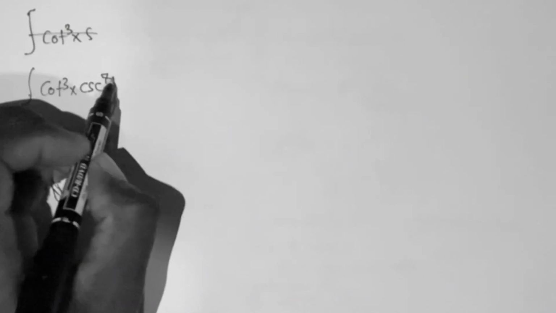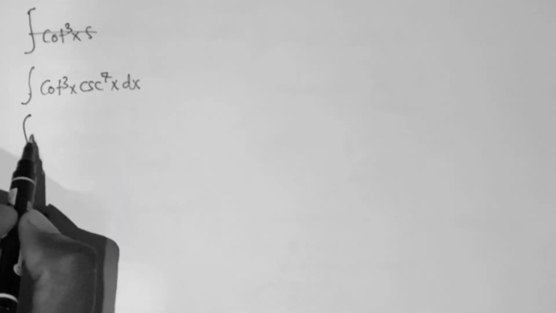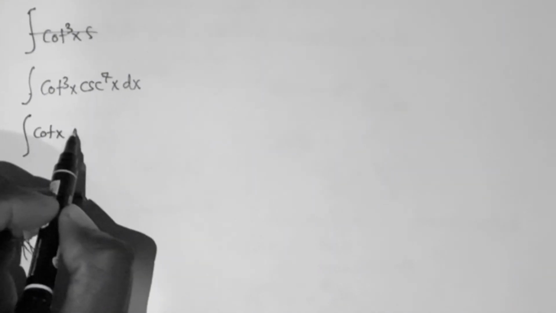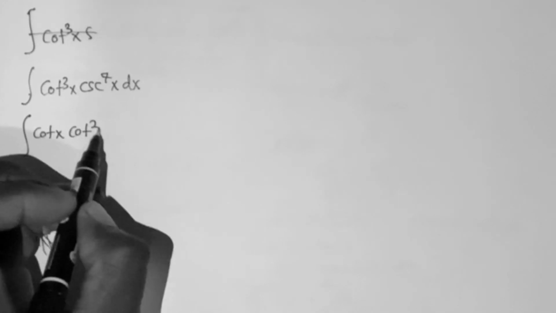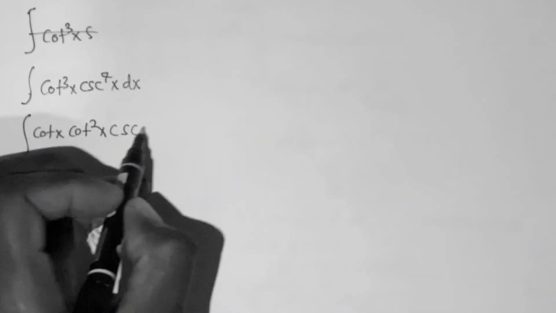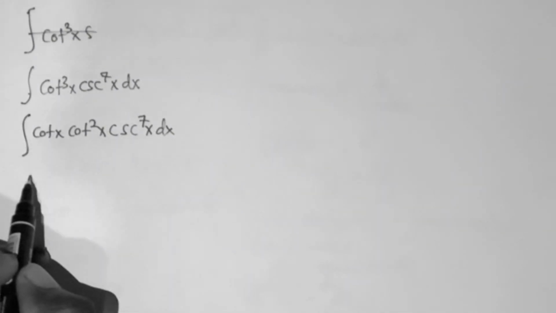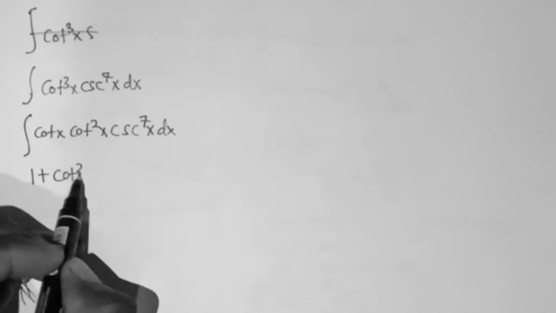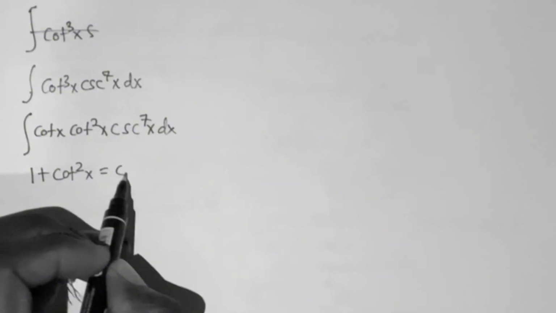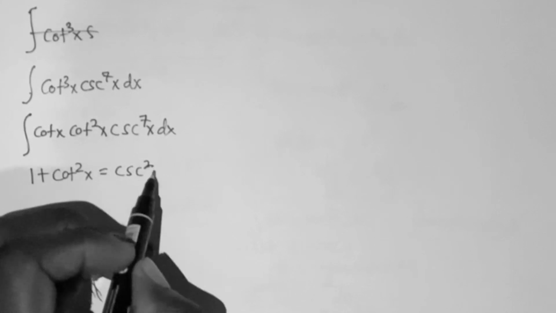Evaluate the integral of cot exponent 3x then cosec exponent 7x dx. So what we will do is let's rewrite this as integral of cot x then cot squared x then cosec exponent 7x dx, so that we know from identities 1 plus cot squared x is equal to cosec squared x.